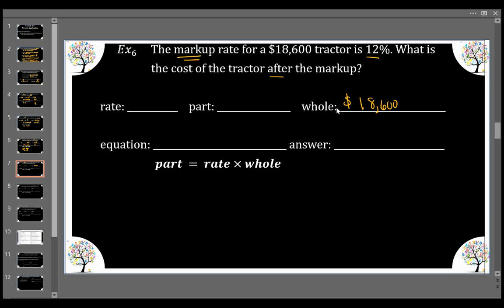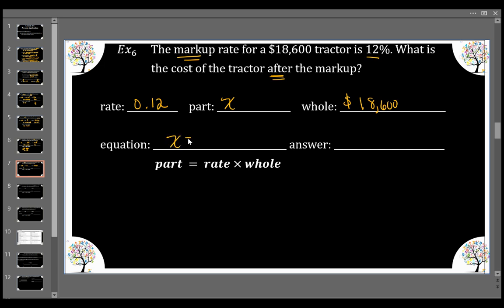That's the original whole price. The rate is going to be written as 0.12. We are looking for the part. We are looking for 12% of the cost of the tractor. And then we'll go back at the end and reread the question.